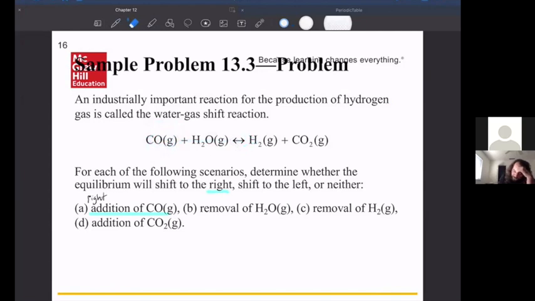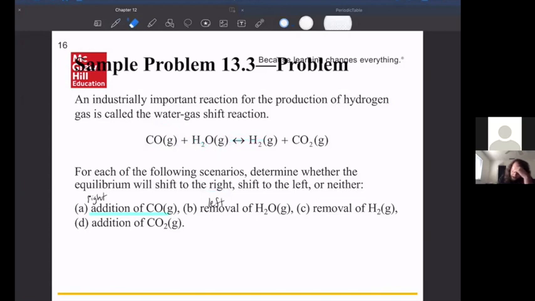The next one is the removal of water, right? So if I start removing the water, the system is going to compensate by driving the reaction back to the left-hand side, back in favor of the reactants. So this would drive the reaction to the left, the removal of a reactant.